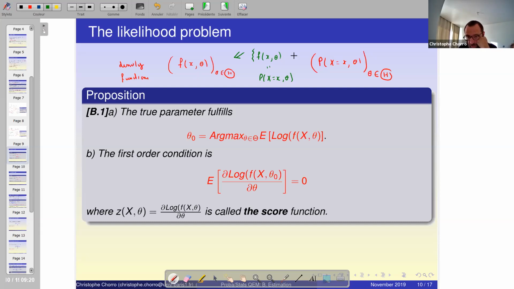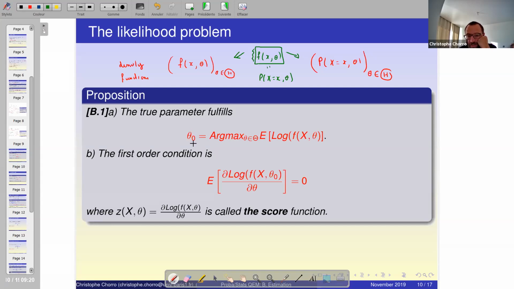In the discrete case, what I call the density is just the probability mass function. So I use a single notation for both situations: f will be the density in the continuous case, and the probability mass function in the discrete case.